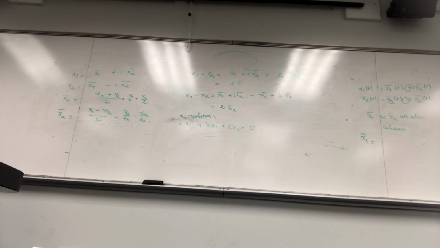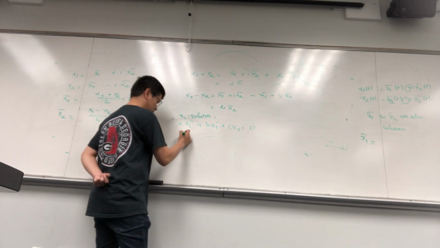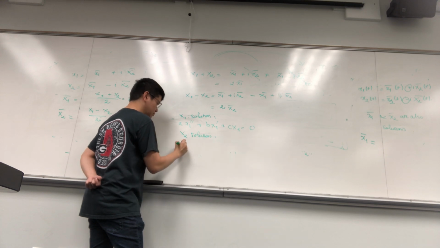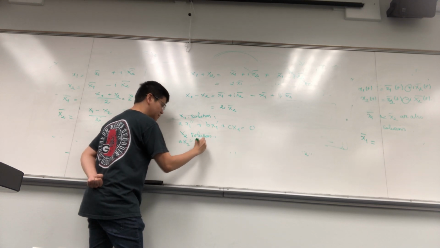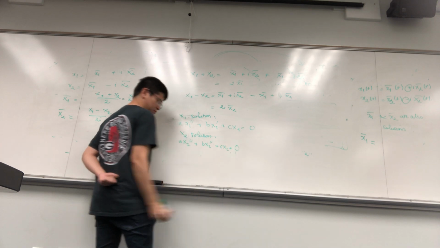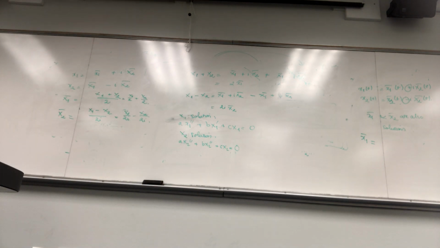And x2 is a solution, so you have a x2 second plus b x2 prime plus c x2 is also 0. This is what we are trying to solve.